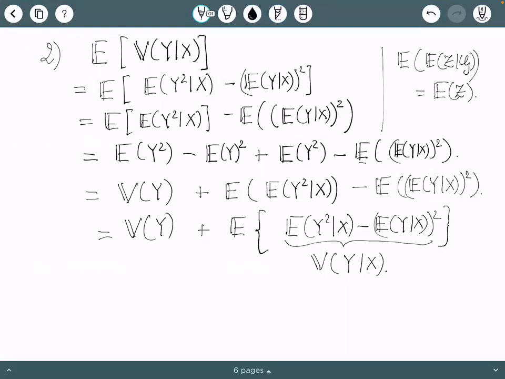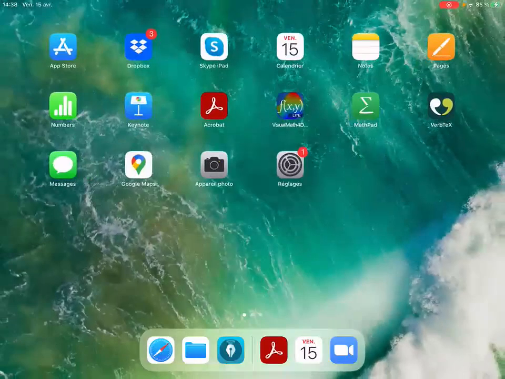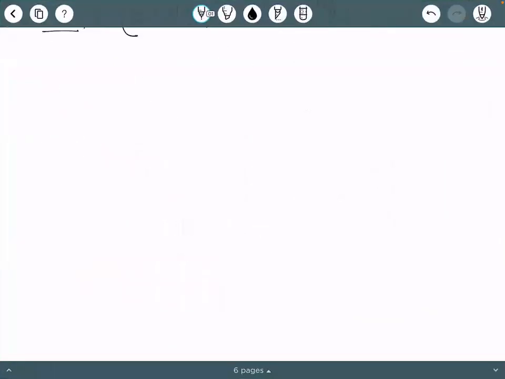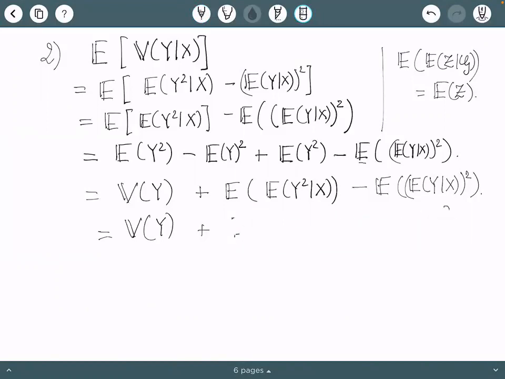Wait, no, there is something which is wrong. What did I do here? Maybe a typo. Yes, I made a typo, because what I did is completely wrong. So that is correct, and here it is the expectation of y squared.